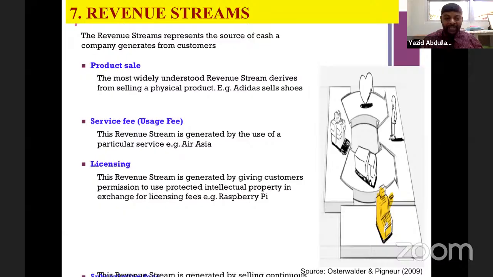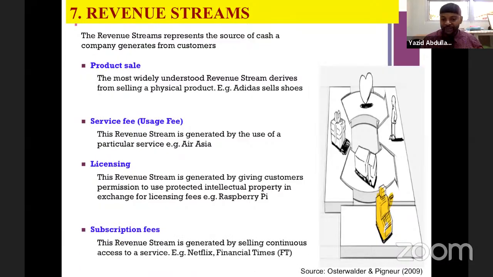Another way you can make money is through subscription. Everybody knows Netflix, yeah? Even if you don't use Netflix, you've heard about Netflix. You can go to their website and you pay for a monthly subscription to be able to view their content, their movies and other things. On online newspapers like Financial Times, you can also register with them through monthly subscription.